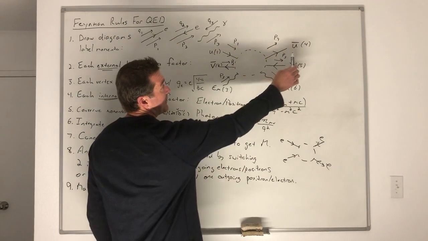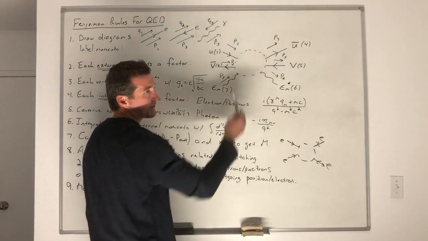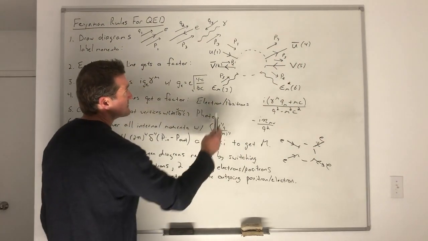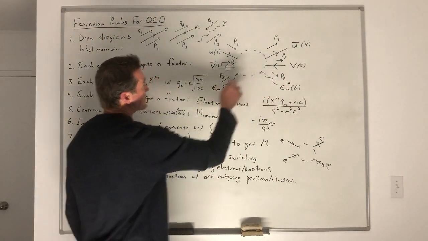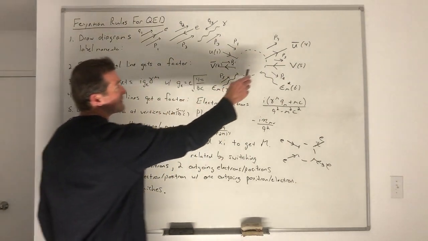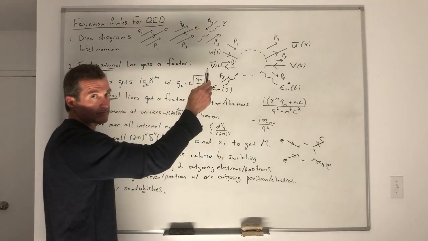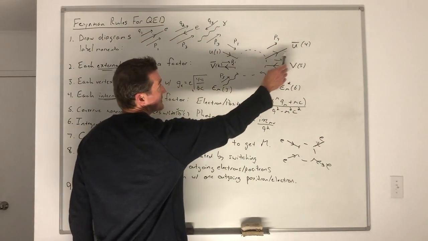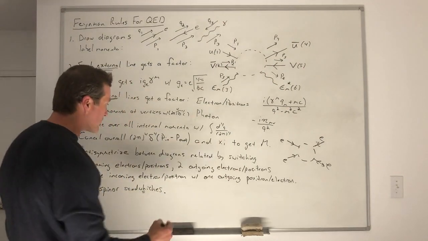But you start with this and you basically follow its trail back through the diagram. And you write down this factor, then you write down the factor for any vertex that you hit, and then you will eventually come out this line. So this Spinor stuff is going to end up forming a Spinor sandwich.